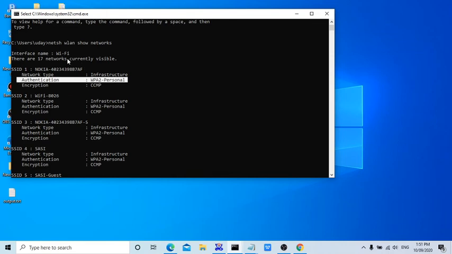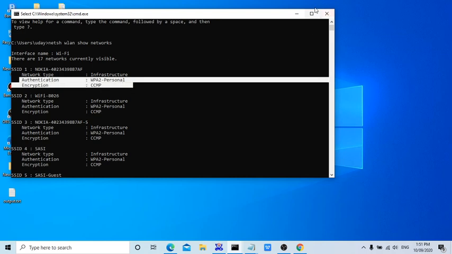So this is an important command for a system administrator or security administrator to identify two Wi-Fi wireless related security issues at a glance.